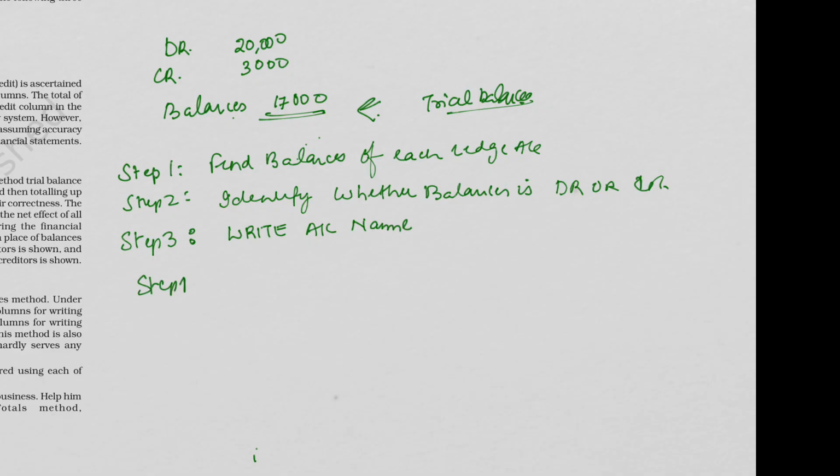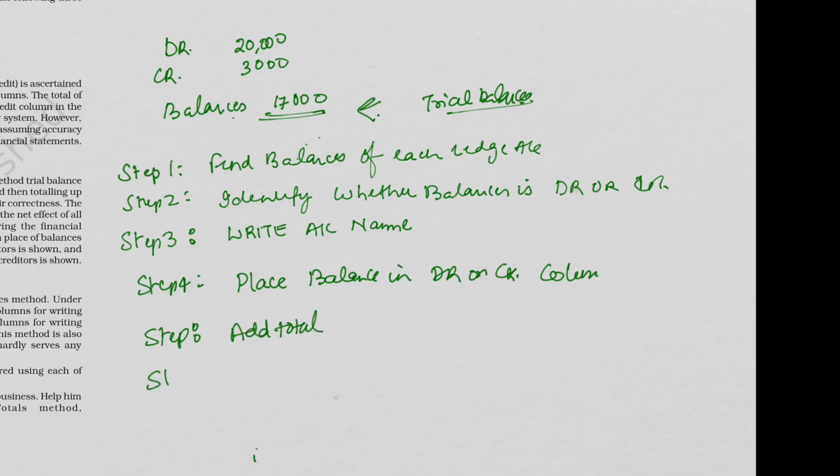Step 4, we have to place the balance in the debit or credit column. Then we have to add all the totals. And step 6, we have to check if the totals match.